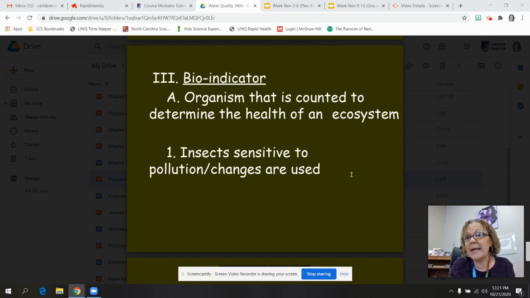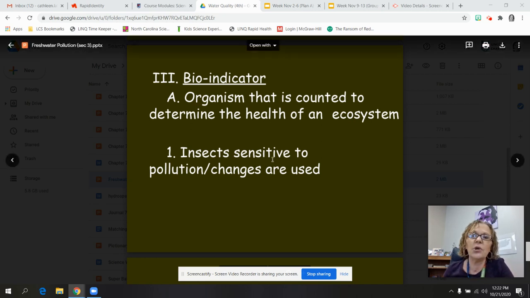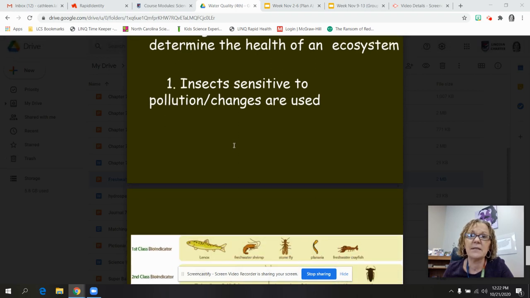If they're not there, they can't survive. And that means they're dying from lack of dissolved oxygen, or the water temperature is too high, or whatever it might be, or there are pollutants in the water. So you definitely want those bioindicators, those super sensitive insects in your water.